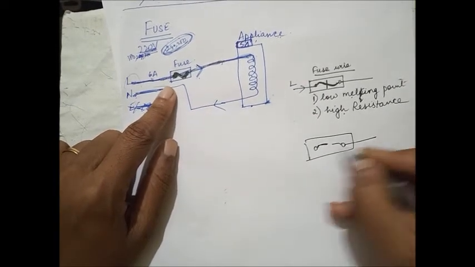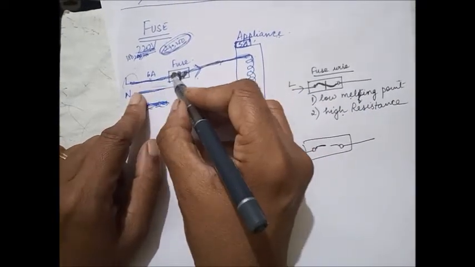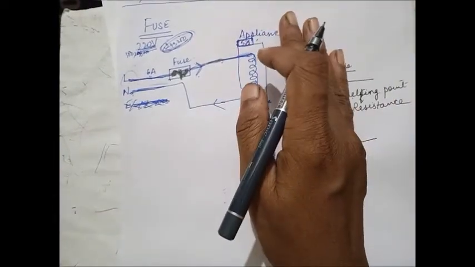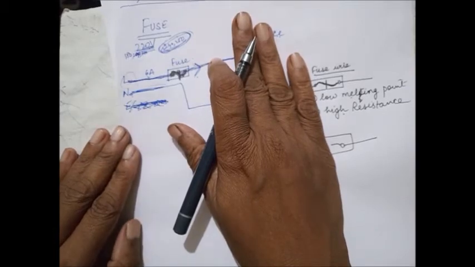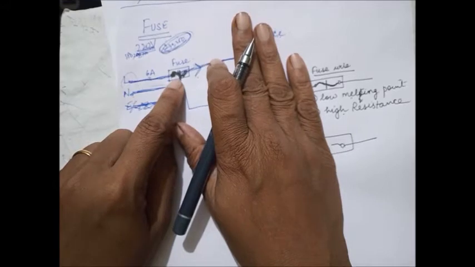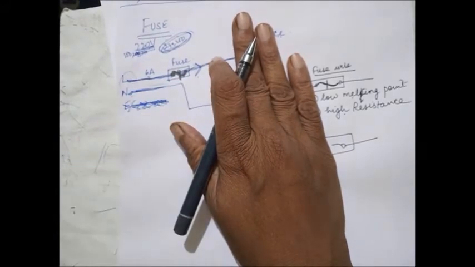Current cannot flow because there is an open here, and that way your appliance is protected from getting damaged. Only your fuse wire would have melted. All you have to do is put in a new wire, and it will start working.